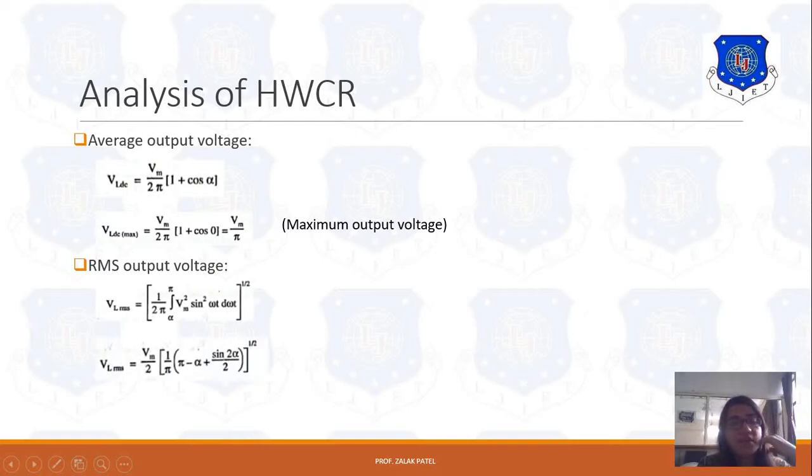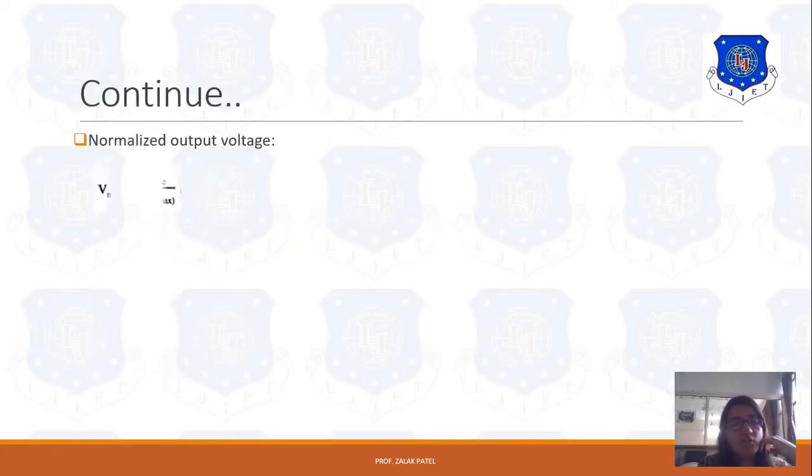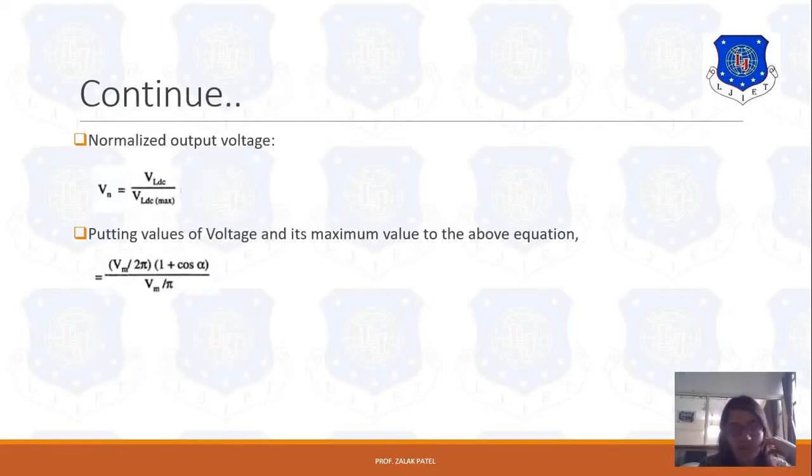Putting these in the normalized value equation, Vm and Vm cancel out, pi and pi cancel out, so the final answer is (1 plus cos alpha) by 2. That means 0.5 into (1 plus cos alpha) is the normalized output voltage.